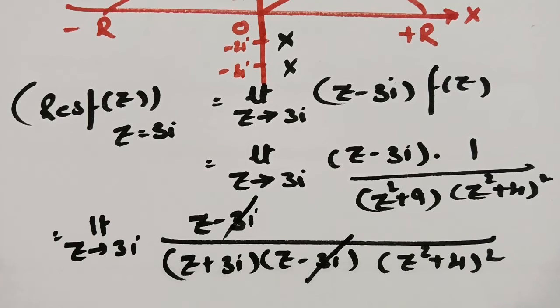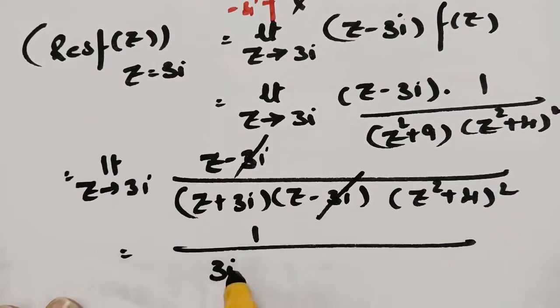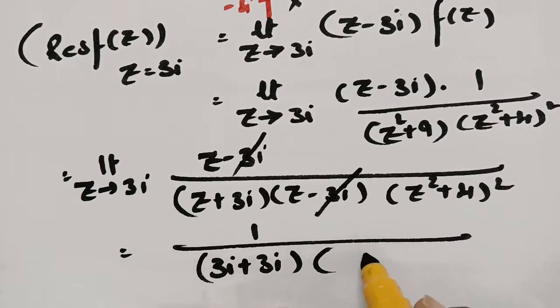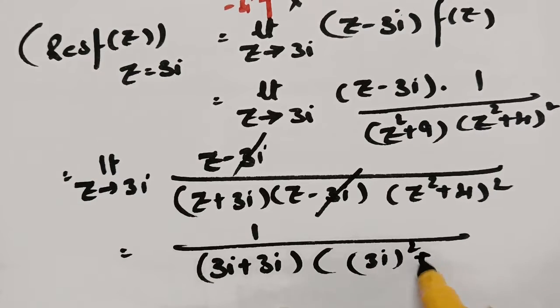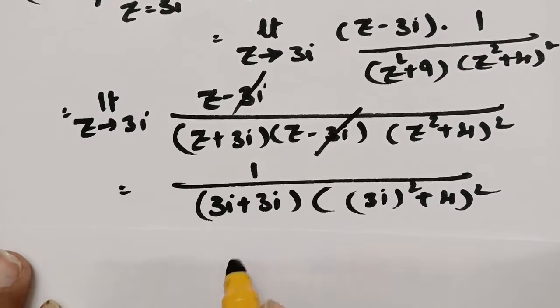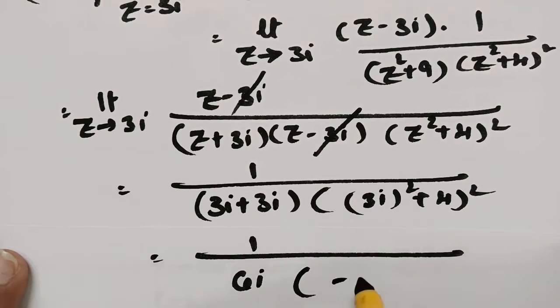Now after cancelling this one and substituting z as 3i, this will be 1 by (3i + 3i) times ((3i)² + 4) whole square. So the value here will be 1 by 6i times (-9 + 4) whole square.